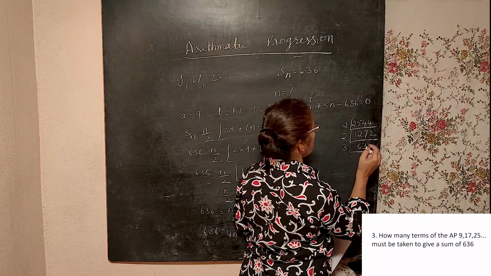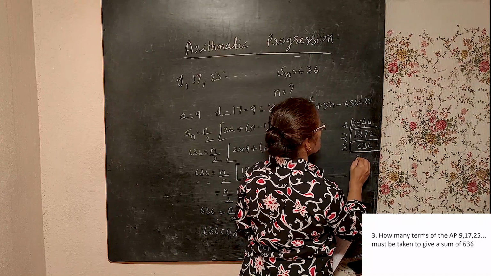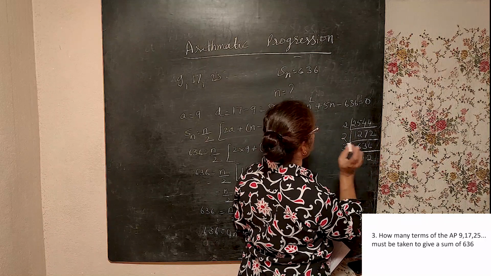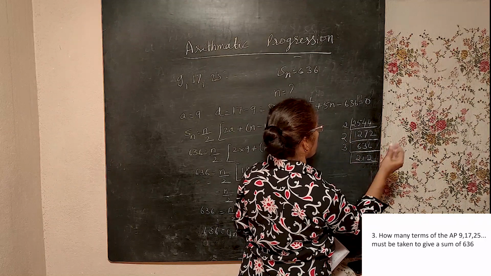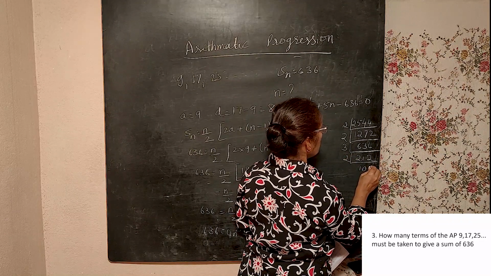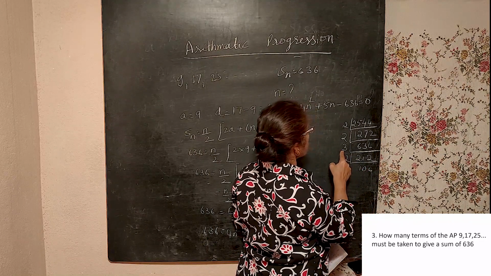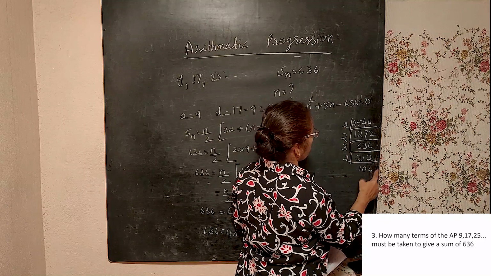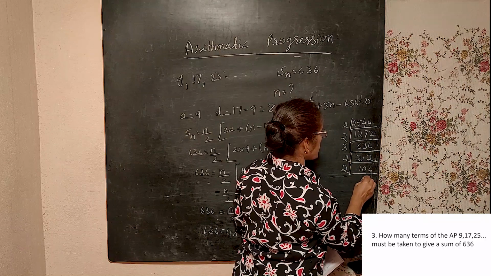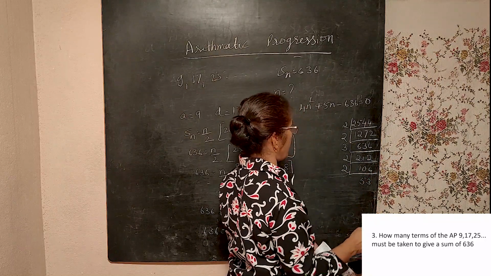Let me try with 3. Not possible. Again let me go for 2. 2 threes are 6, 2 twos are 12, 2 twelves are 24 and 106. Not possible. 2, 5 and 53. Let us try here.